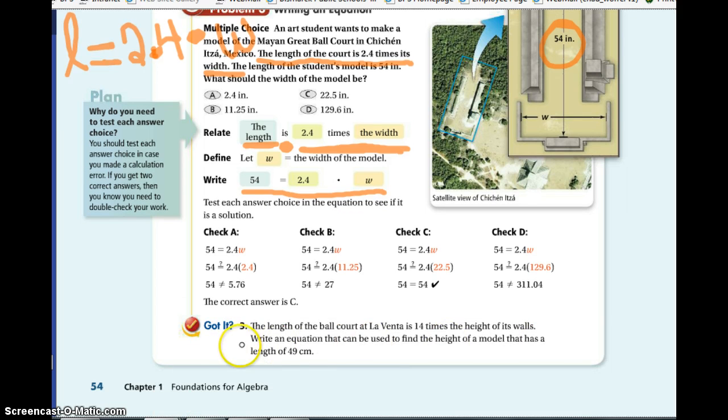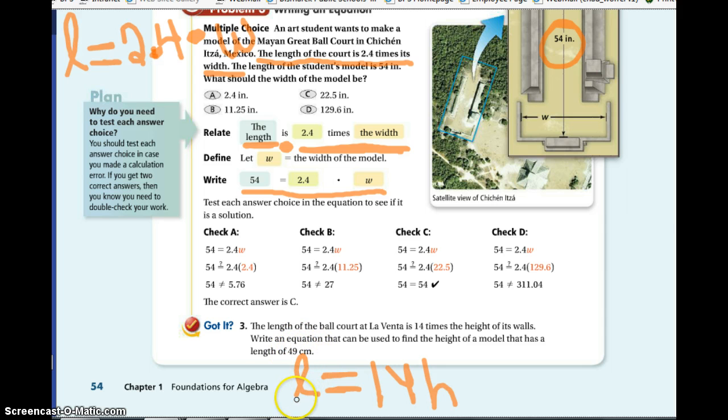So now down here in number 3, the length of the ball court at La Venta is 14 times the height. So the length is 14 times the height. That sentence right there directly translates into L equals 14H. And now if we keep reading, write an equation that can be used to find the height of a model that has a length of 49 centimeters.